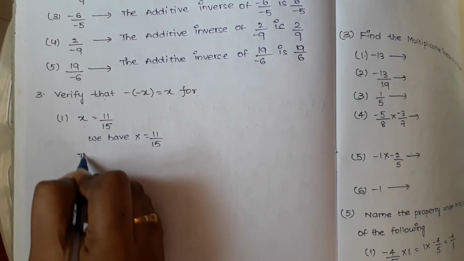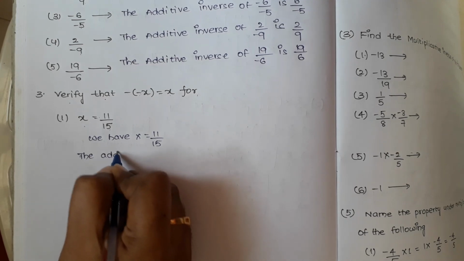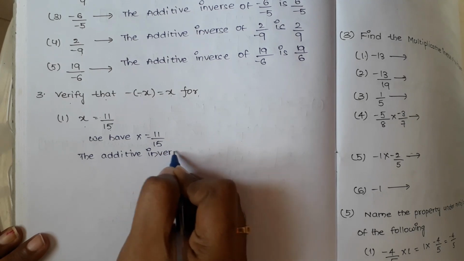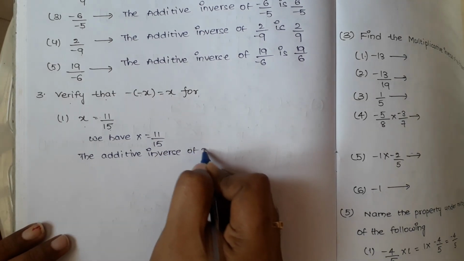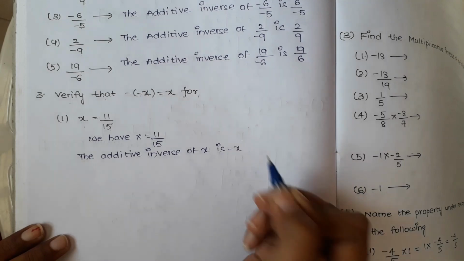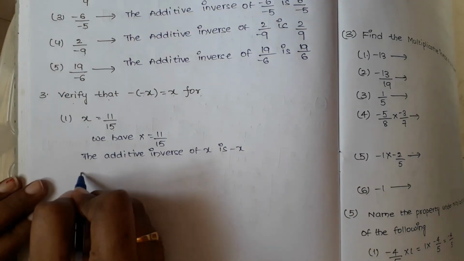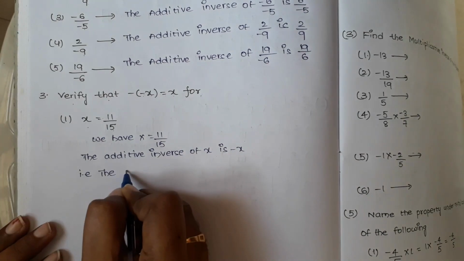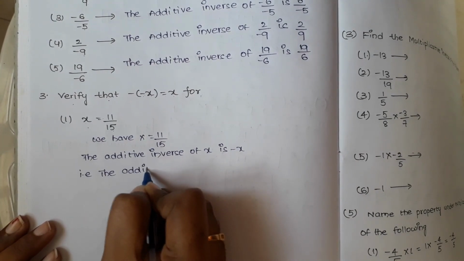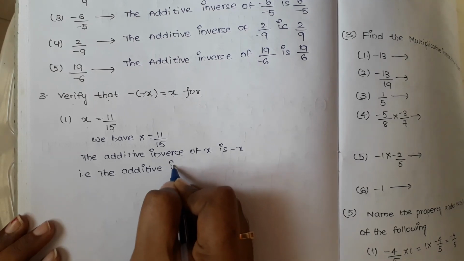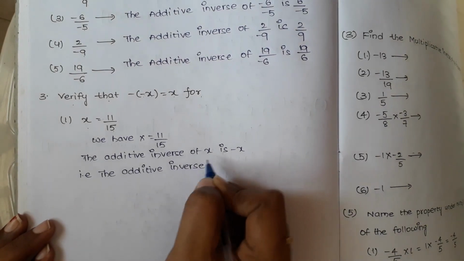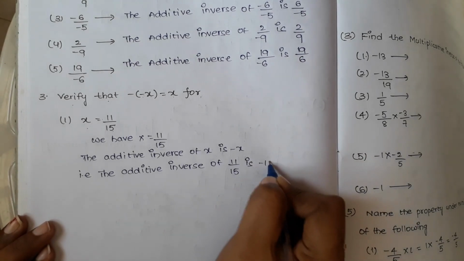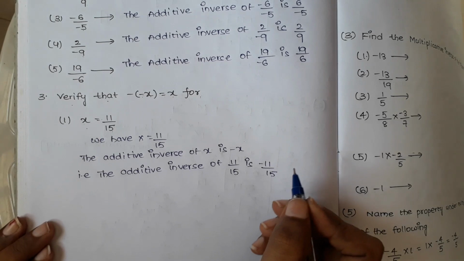We know that the additive inverse of x is minus x. That is, the additive inverse of the given x, that is 11 by 15, is minus 11 by 15.